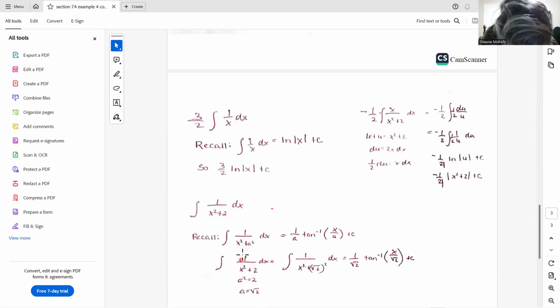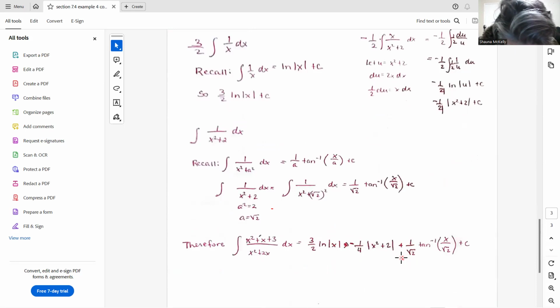We have x squared, we have the plus, a squared is 2, so a is √2, and I wrote it like this. So this integral becomes 1 over √2 tangent inverse of x over √2 plus a constant. So those are your 3 integrals that you split apart.